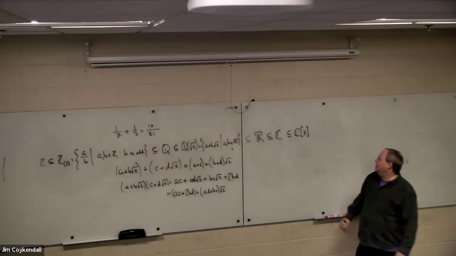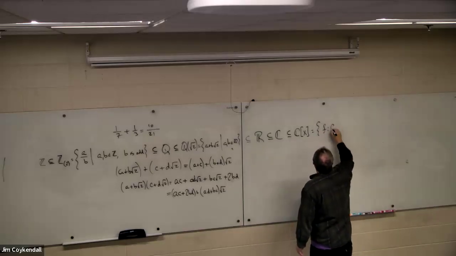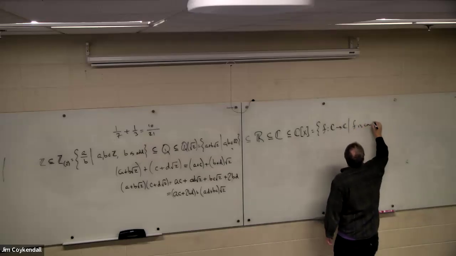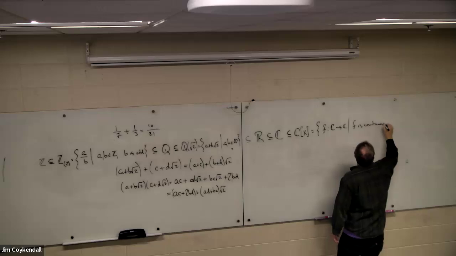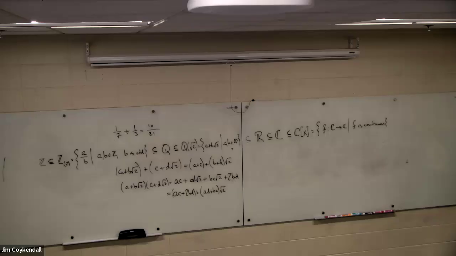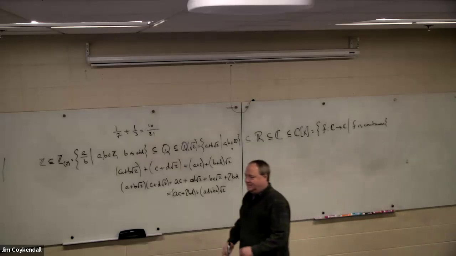I can go crazy with this. The set of F from C to C such that F is continuous, all continuous functions from the complex numbers to themselves. Certainly every polynomial is a continuous function. And I can go further than this. There's always a bigger ring.